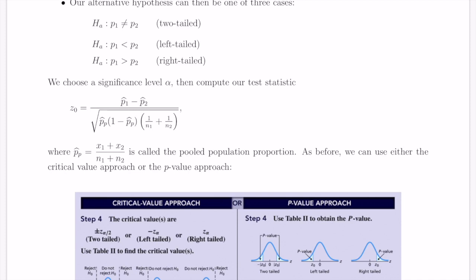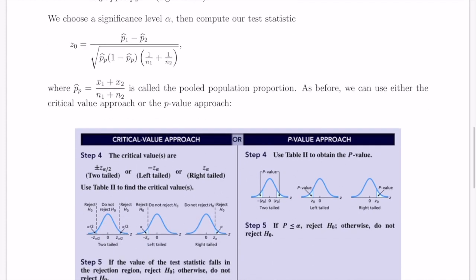Once you have the test statistic, you can basically revert this to a Chapter 10 problem. You can do the critical value approach or the p-value approach, whichever you prefer. If you do the p-value approach, you do need to use some sort of p-value calculator, like R or whatever your favorite p-value calculator is. I think R is the easiest here if you want to compute the actual p-value.